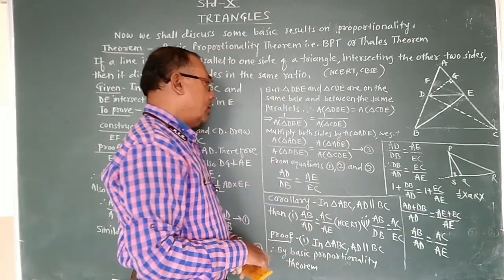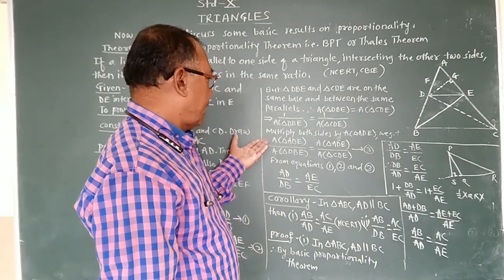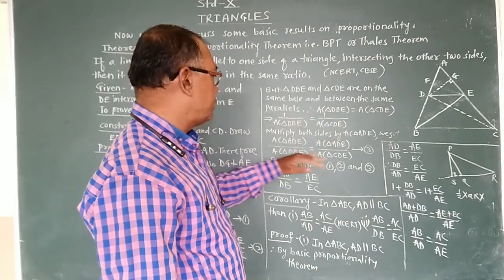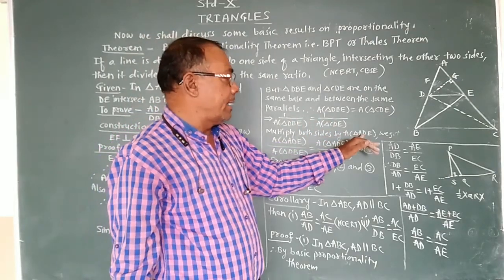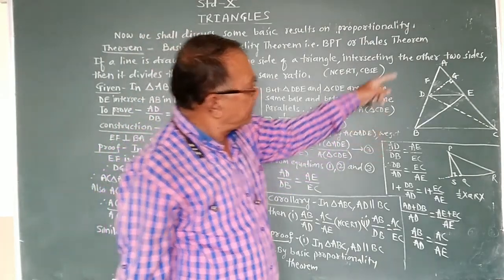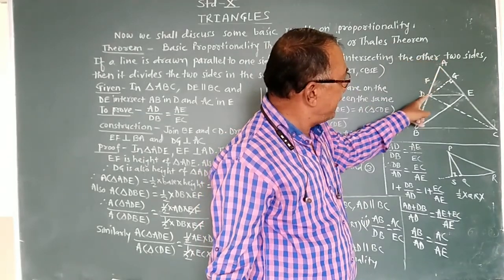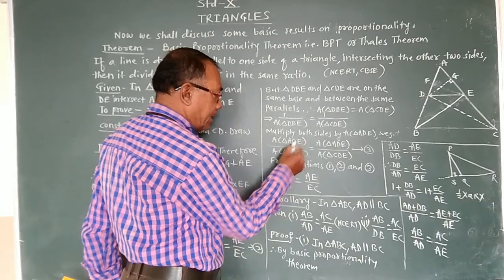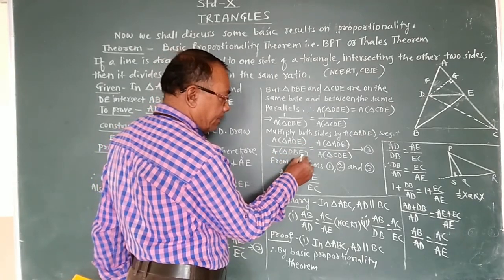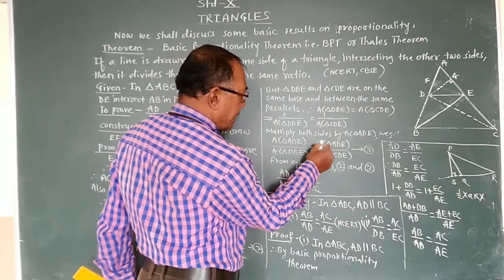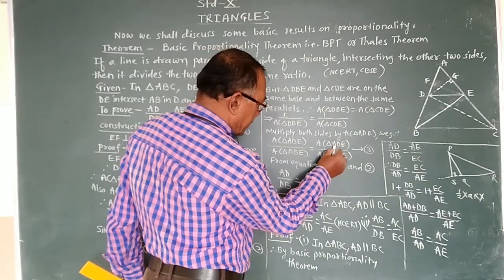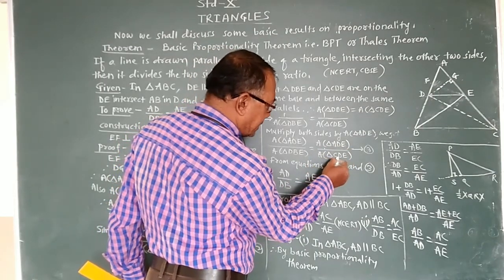And now we have to multiply both the sides of this equation by area triangle ADE. Then we will get area triangle ADE upon area triangle DBE equal to area triangle ADE upon area triangle CDE.